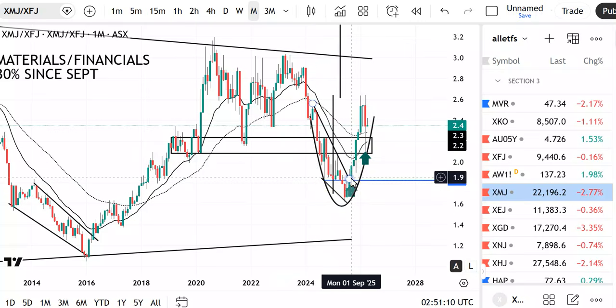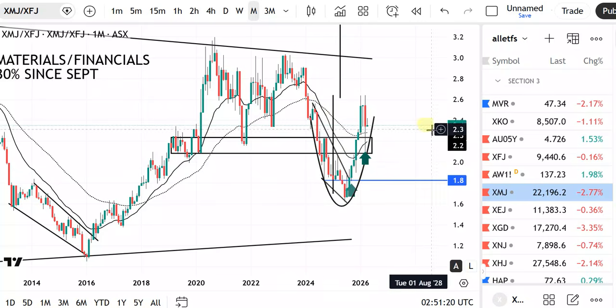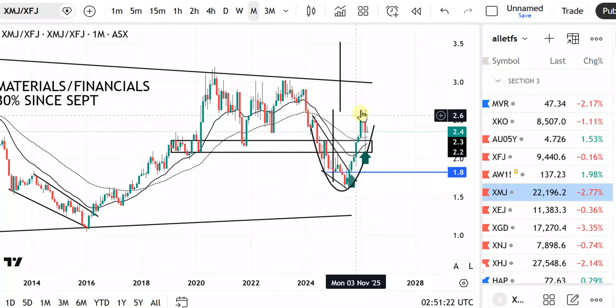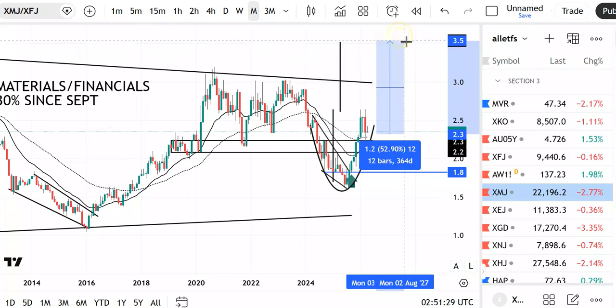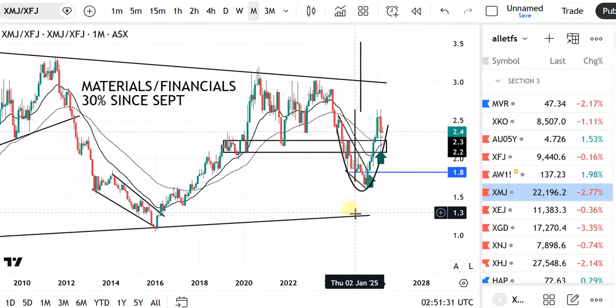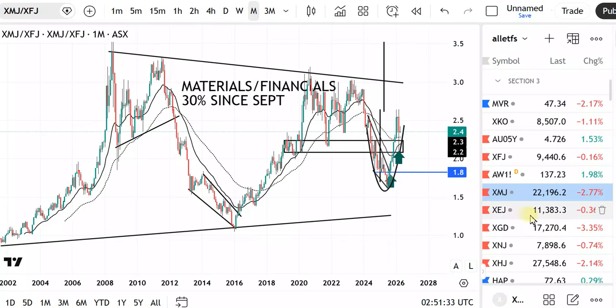Around here is when it started the channel, this is when we started saying get into resources. We've got this rounded bottom, so we've got a projected outperformance of materials over the financials, 50% outperformance of materials over financials.